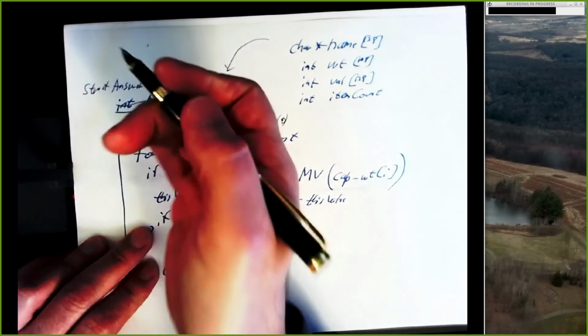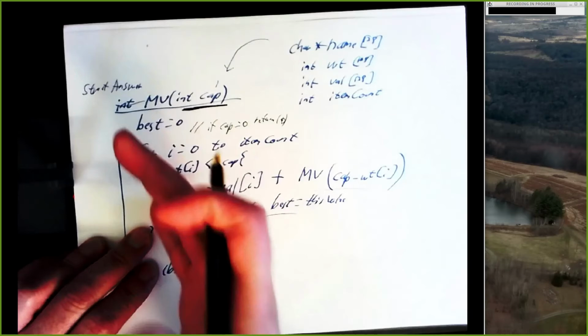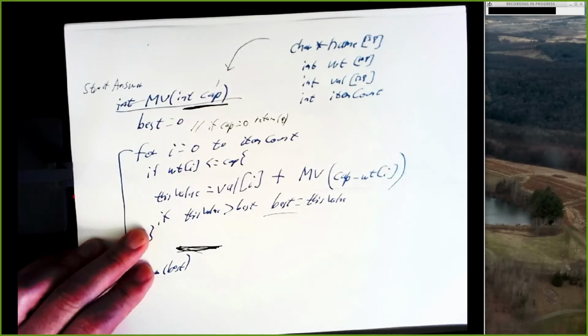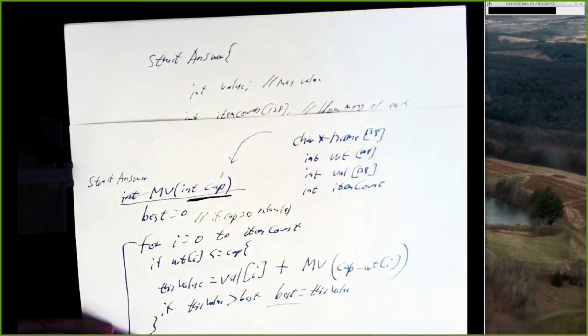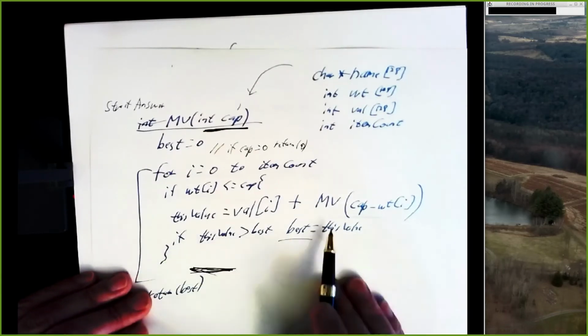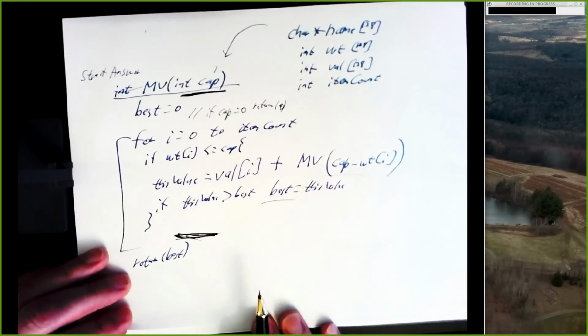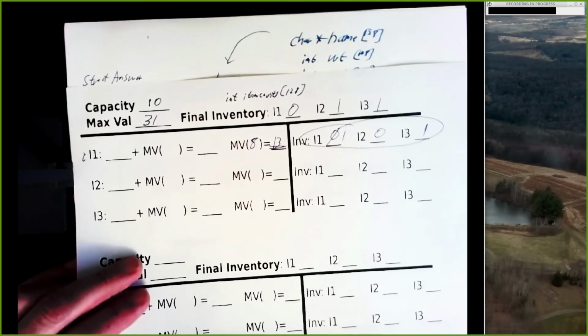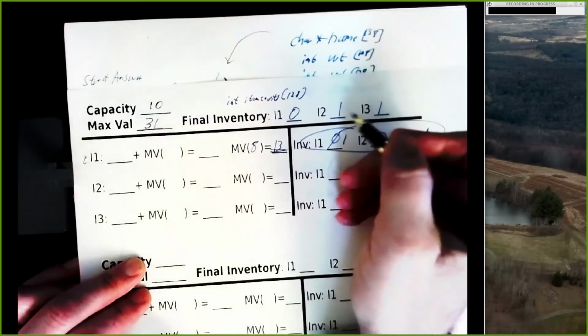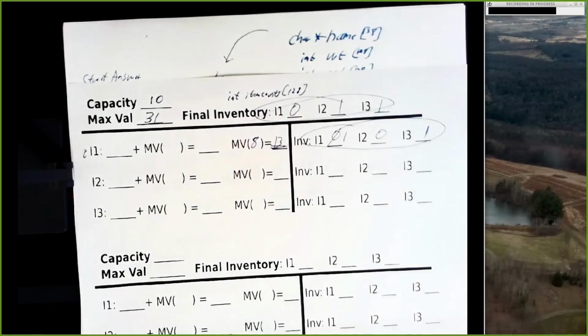In other words, change best to be an answer, change this value to be an answer, do this calculation on this value dot value, make your adjustment on this value dot itemCounts, save it in your best, and when you're done, return this best, which is an answer. And now your MaxVal function is returning two pieces of information, the value and the count of each item.